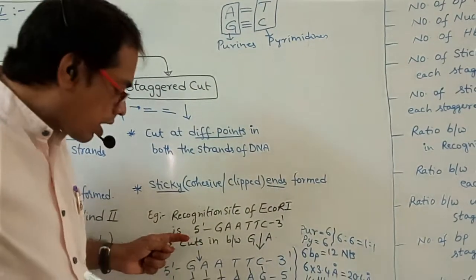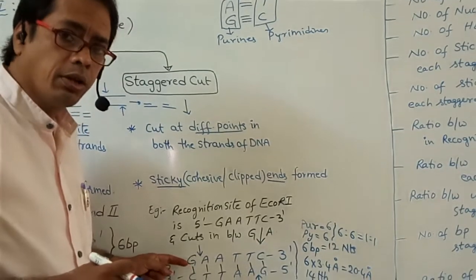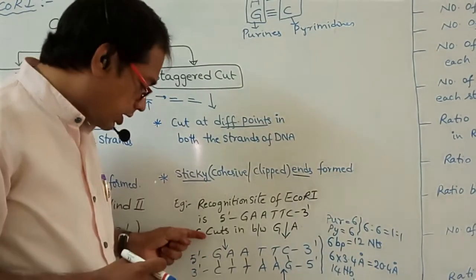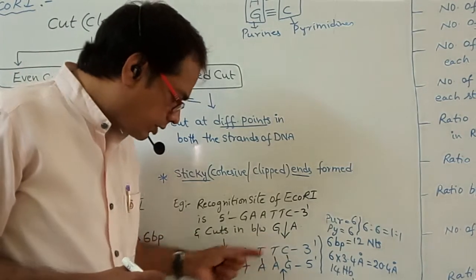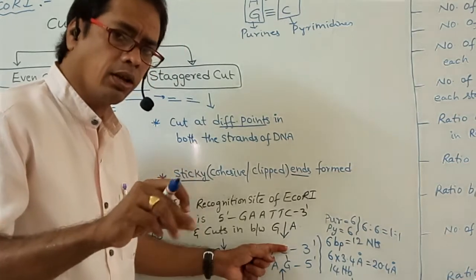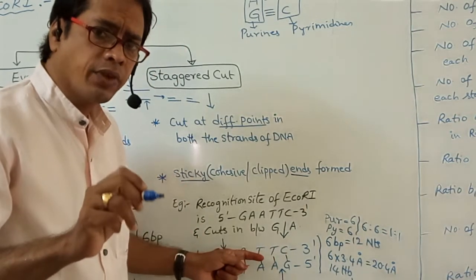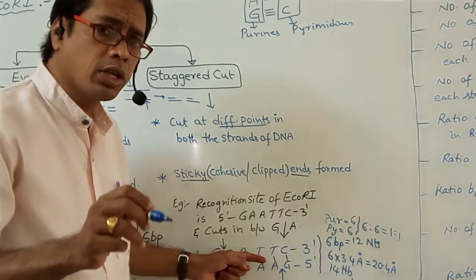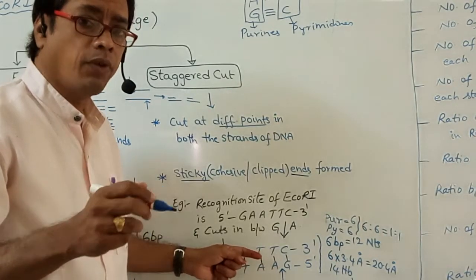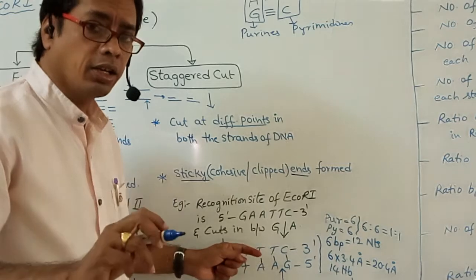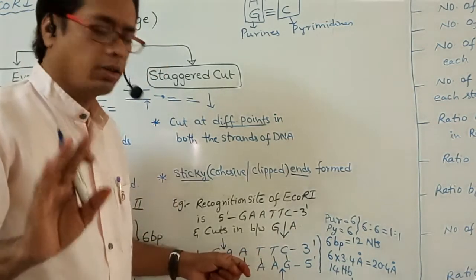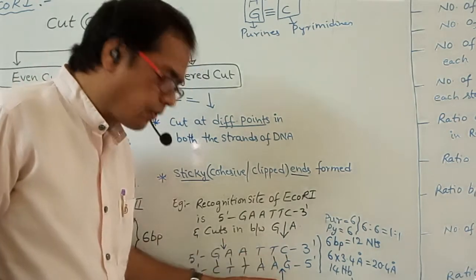So, number of phosphodiester bonds present in the recognition sequence means, in the upper strand 5 (1, 2, 3, 4, 5, 6; 6 minus 1, 5). Number of phosphodiester bonds present in the recognition sequence of EcoRI is 10: upper strand 5, lower strand 5.